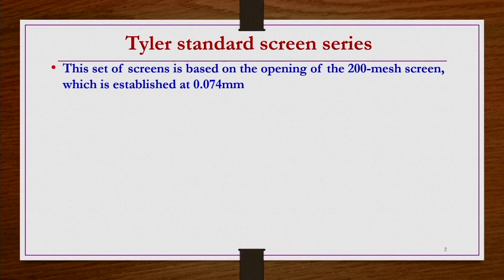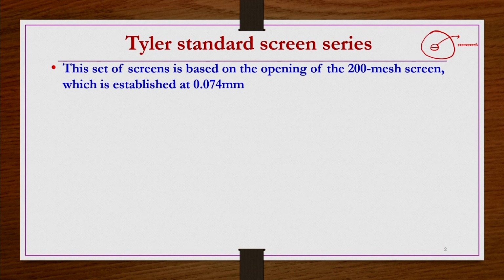The Taylor screen series is one of the standard ones. It has been designed based on the opening of the 200 mesh screen, which is established at 0.074 mm. A 200 mesh screen means that, in this screen, if this particular dimension is 1 linear inch, we will have 200 openings along it.